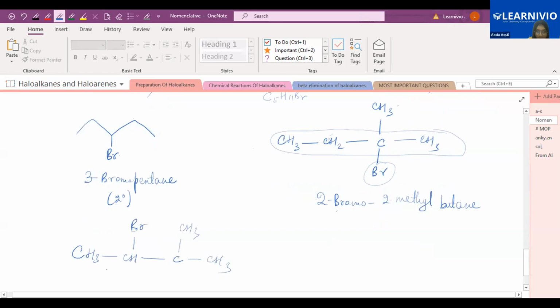And what will be the name of this? So again, it will be 2-bromo-3-methylbutane. Yeah. Now again, shift this bromine here. You will get another isomeric form.